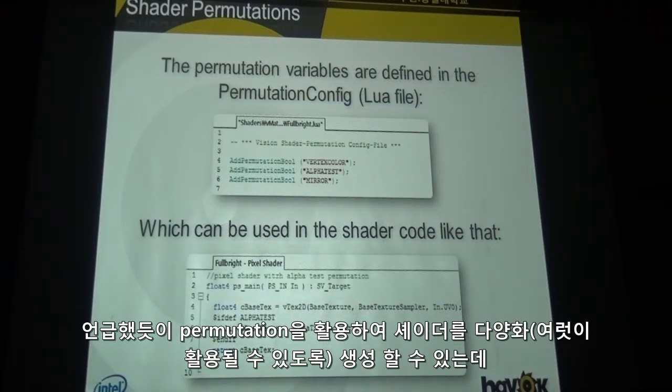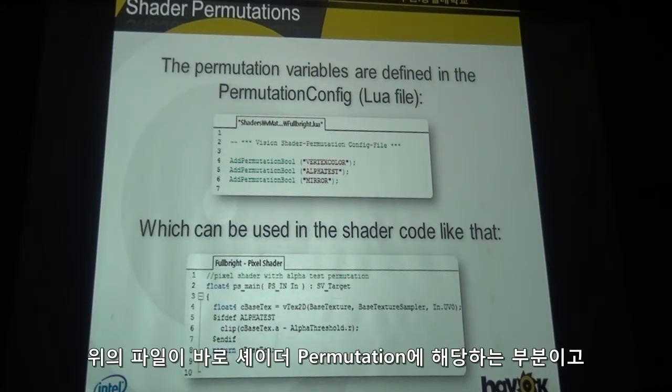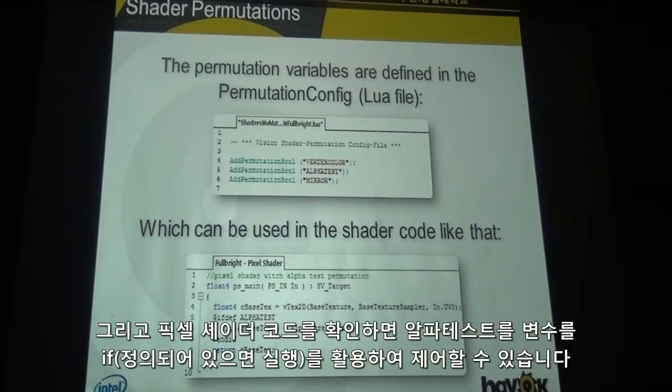For this, we first need to define which permutations we would like to create. And we do this in the shader permutation file. This is the upper file. For instance, I defined a variable alpha test. You can see the second variable. And in the pixel shader code, I can then use the alpha test variable with this if statement.